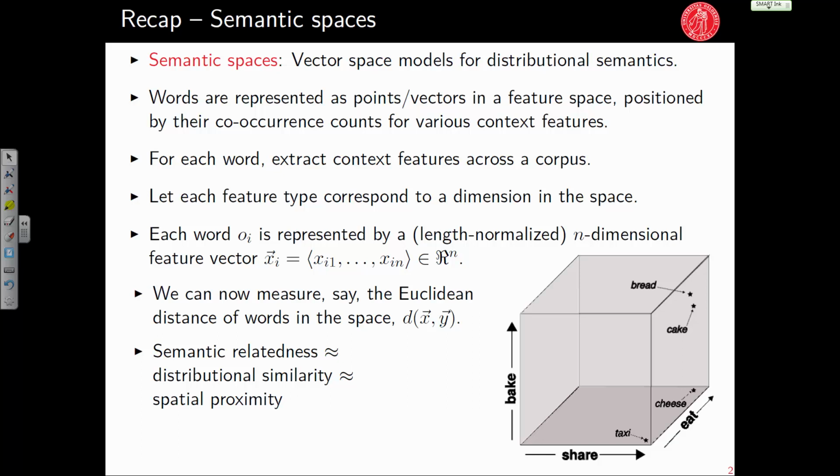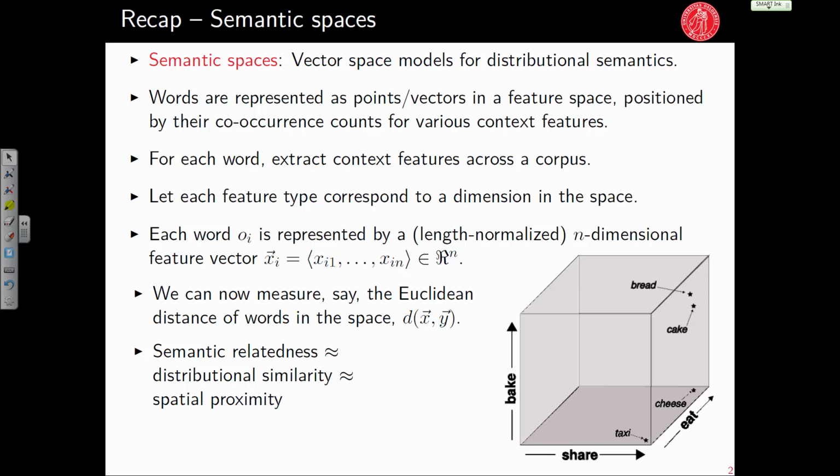This is a vector space here, 3-dimensional. So each of these dimensions represents a feature. You have bake as a feature, share as another feature, and eat as the third feature. And we have 4 words: taxi, cheese, cake, and bread.